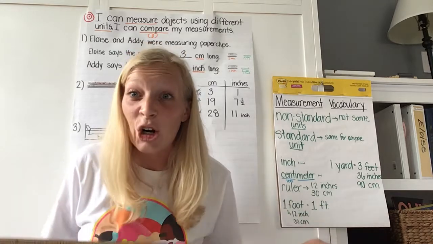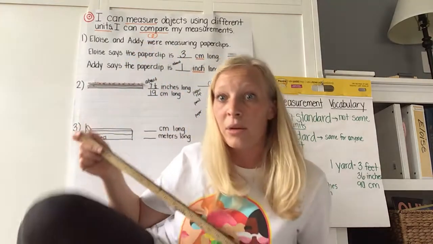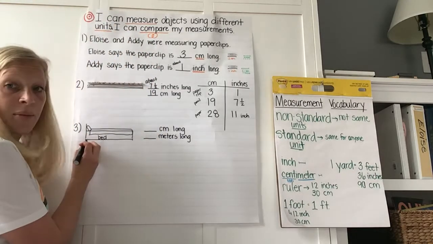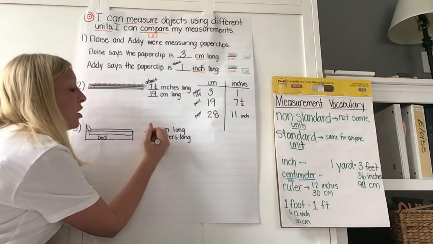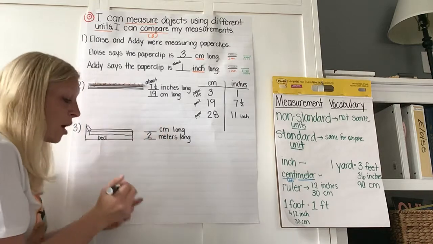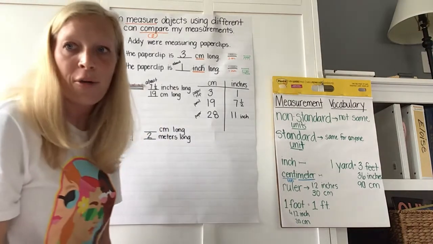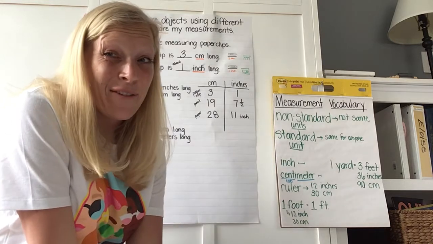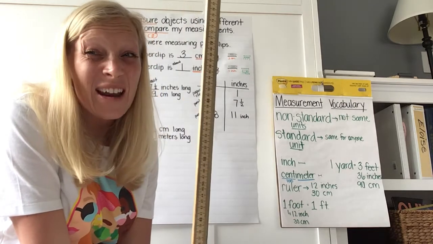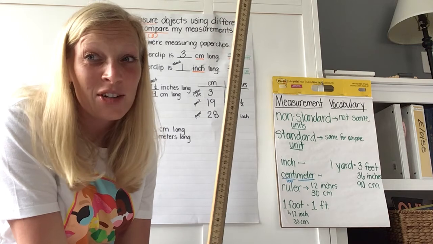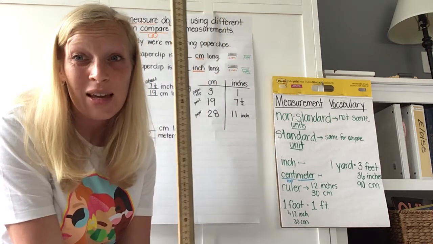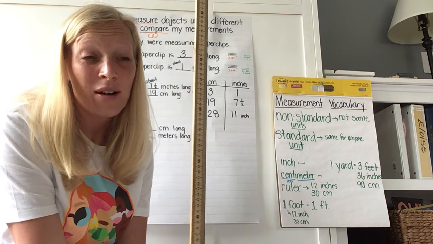2 meters long. Can you believe that? Holy guacamole. My bed from the head to the feet was 2 meters long. Now, if each meter has 100 centimeters in it, how many centimeters do you think my bed was long?